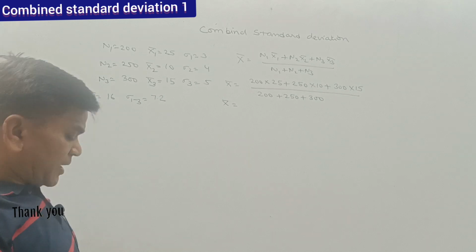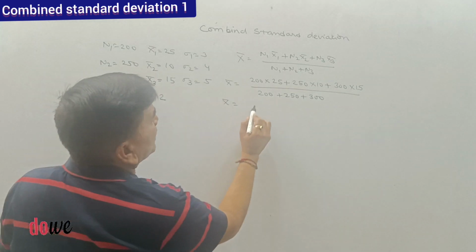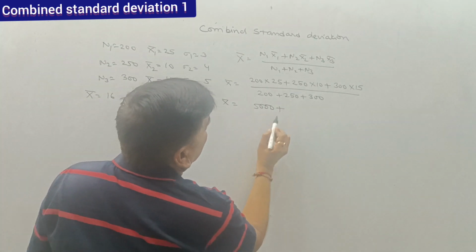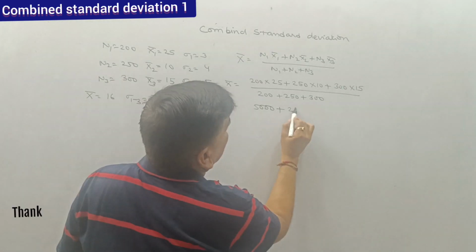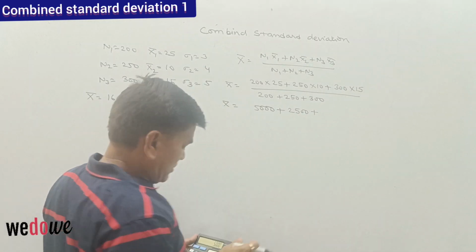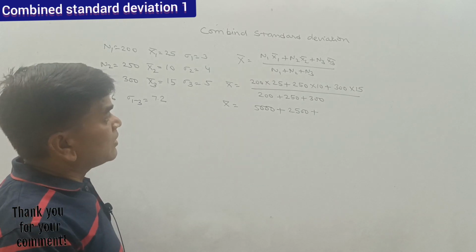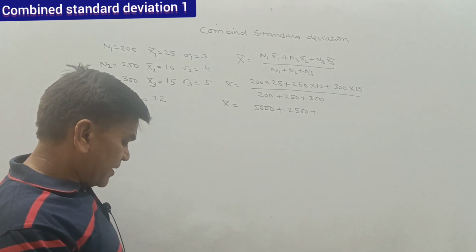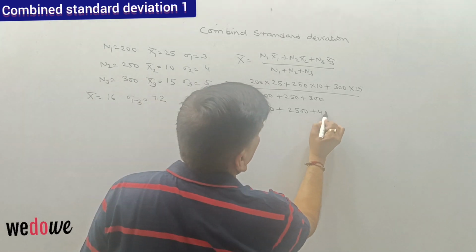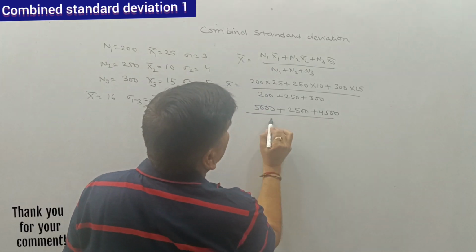200 multiplied by 25, that is 5,000, plus 2,500, plus 4,500, divided by 750.